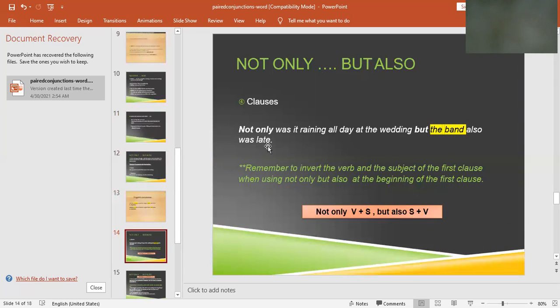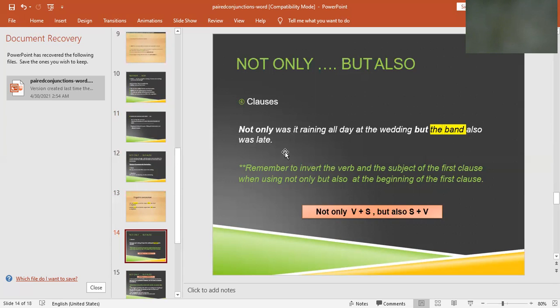Also, not only, also subject verb inversion. Not only was it raining all day at the wedding, but the band also was late. Now, was it raining: verb and its subject, so this is a clause. The band was late, also subject and verb, so we have two clauses.